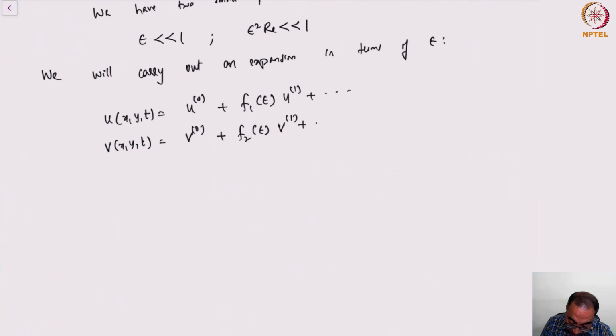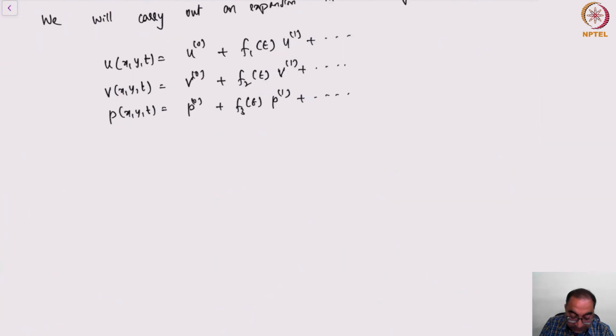pressure, and finally we have an expansion for the height. H of x comma t is some h naught, which is also a function of x comma t, plus some unknown f4.